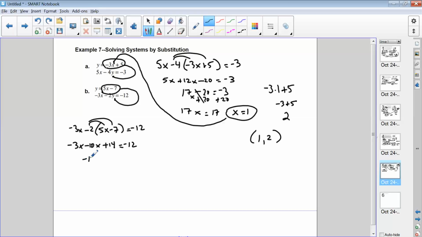And that'll give me negative 13x plus 14 equals negative 2. I'm going to subtract 14. I'm going to get negative 13x equal to negative 26. So x is equal to 2.